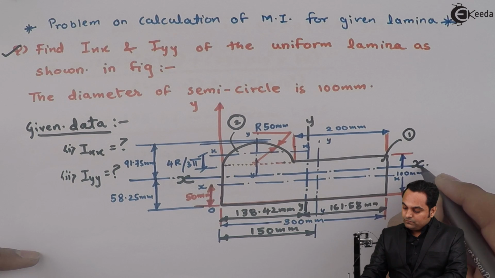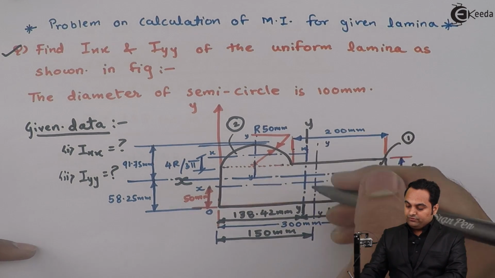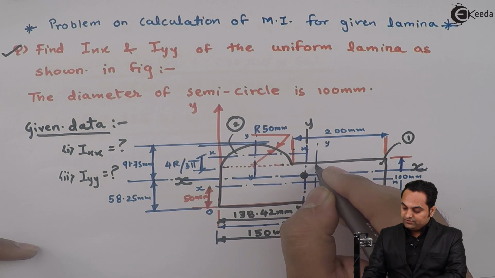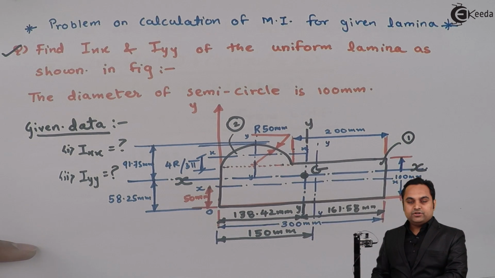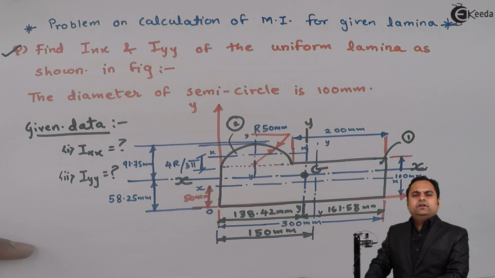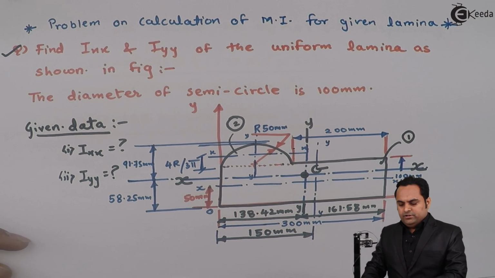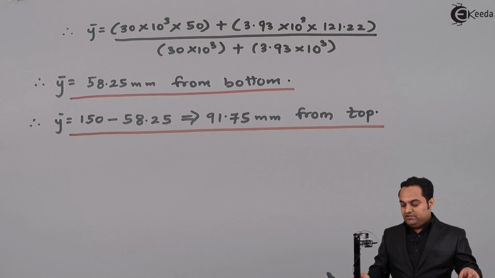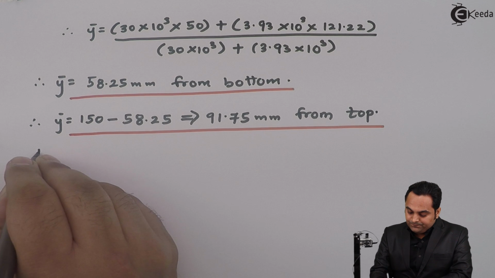So once we have the location of y and x-axis, their intersection will give us the centroid. So this is the location of centroid, and after locating this centroid we can get the moment of inertia about the respective axis xx and yy. So now we'll start the MI calculation.